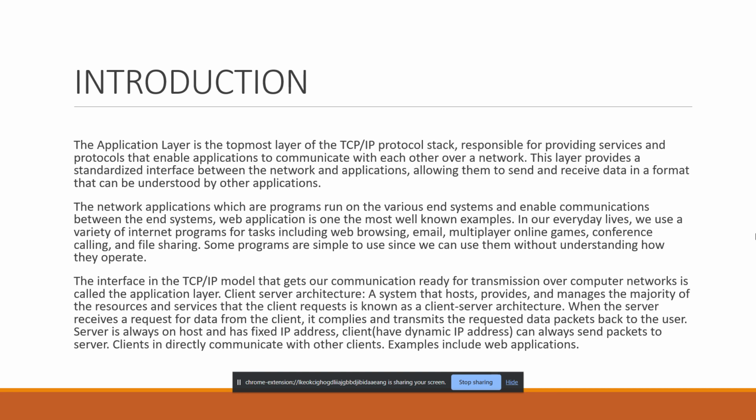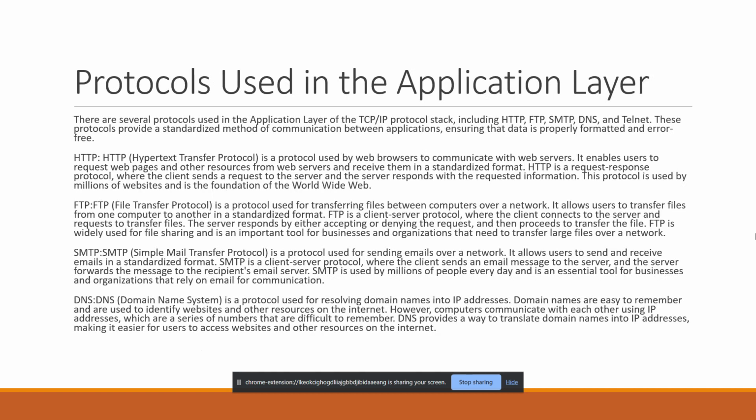Server is always on host and has a fixed IP address. Clients have dynamic IP addresses, and can always send packets to the server. Client indirectly communicates with other clients. Examples include web applications.